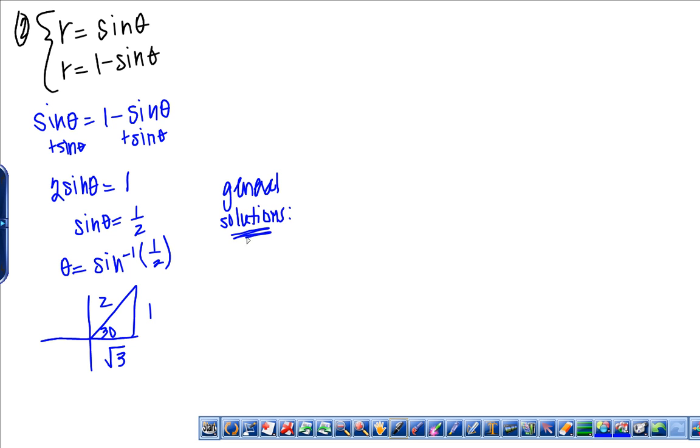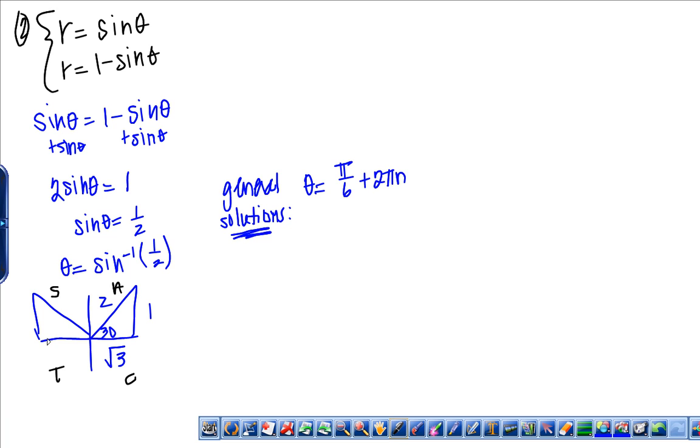Okay, so my general solutions, my first one is going to be pi over 6, because this is my first triangle here. So I'm going to say theta is equal to pi over 6, and remember, you always add 2 pi n. Okay, where else are we going to have an angle that's going to give you a positive sine? So All Students Take Calculus. So it looks like it's going to be over here.